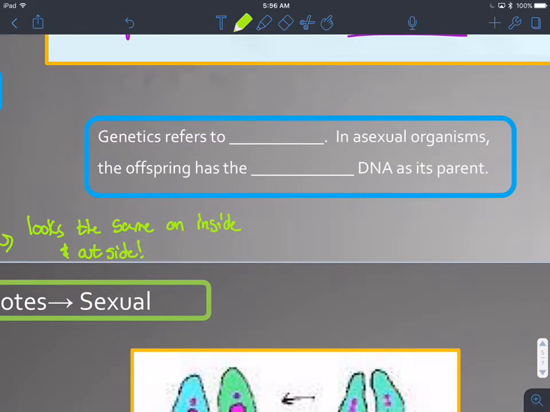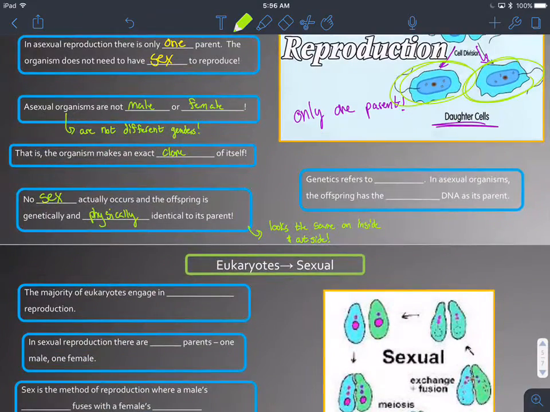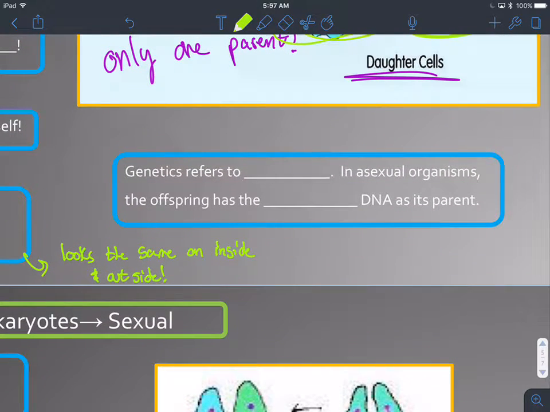And genetics, anytime we talk about the word genetics, because I think you guys know what physically identical means, but this word genetically means something a little bit different. Whenever you hear the word genetics, it's referring to DNA. In asexual organisms, the offspring has the same DNA as its parent.